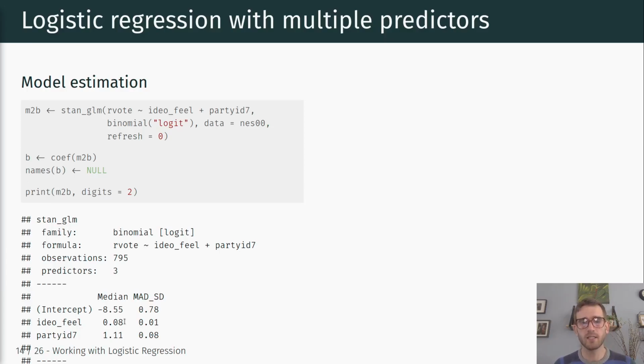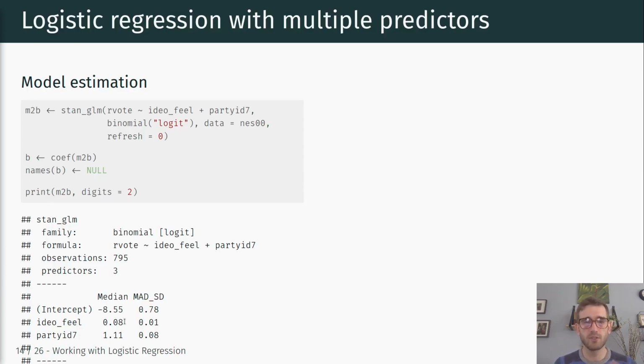Again, we can interpret this in terms of comparisons. If we compare two respondents who differ by 1 unit in their party identification on this particular scale, then our model predicts that the respondent with a higher party identification value is more likely to vote for the Republican candidate.